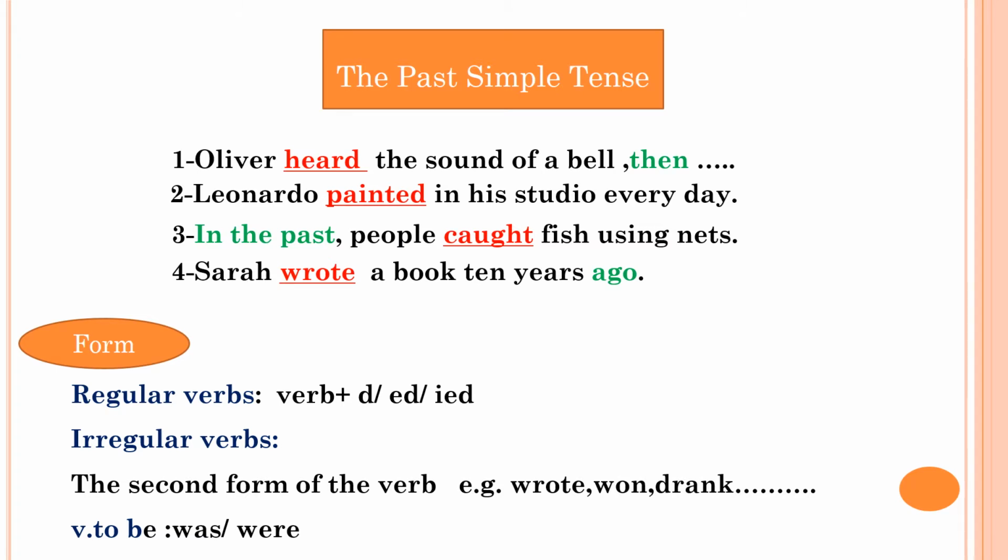But in the irregular verbs like wrote, won, drank, put, we use the second form of the verb. But if we talk with verb to be, we use was or were.